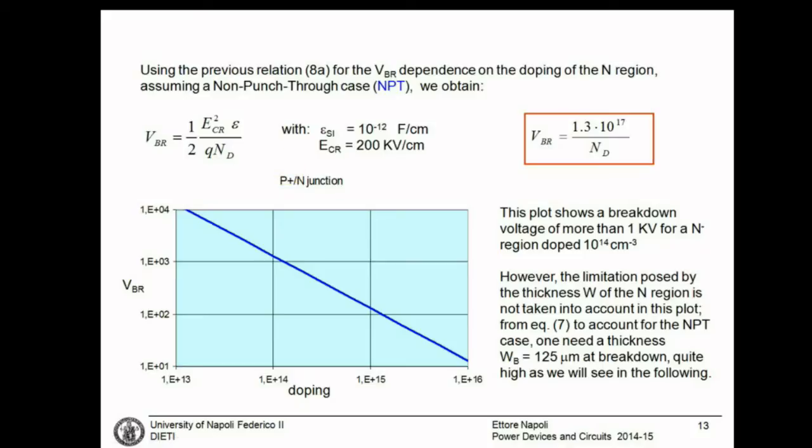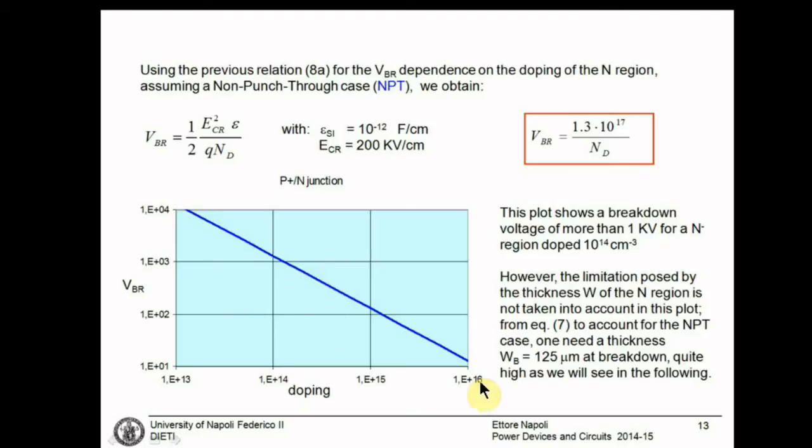All the values in that equation are physical constants. You can substitute the actual values, and for the critical electric field we can assume our value, that is 200 kilovolts per centimeter. In the end, you get that the breakdown voltage is proportional to 1.3 multiplied by 10 to the 17 divided by the doping. This is the non-punch-through condition.